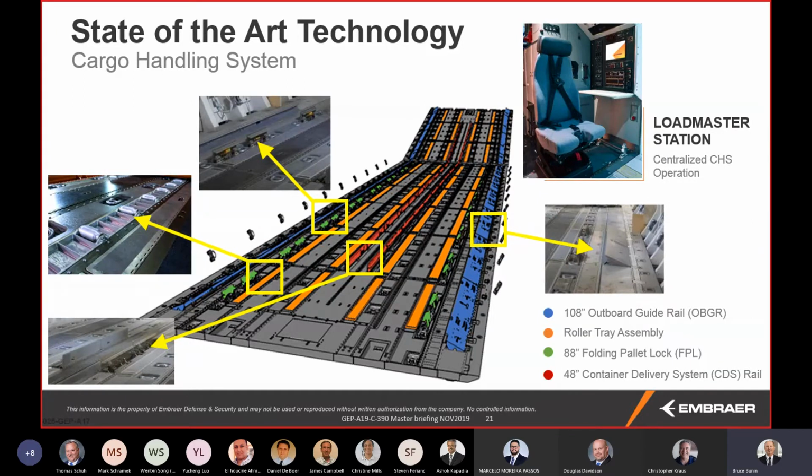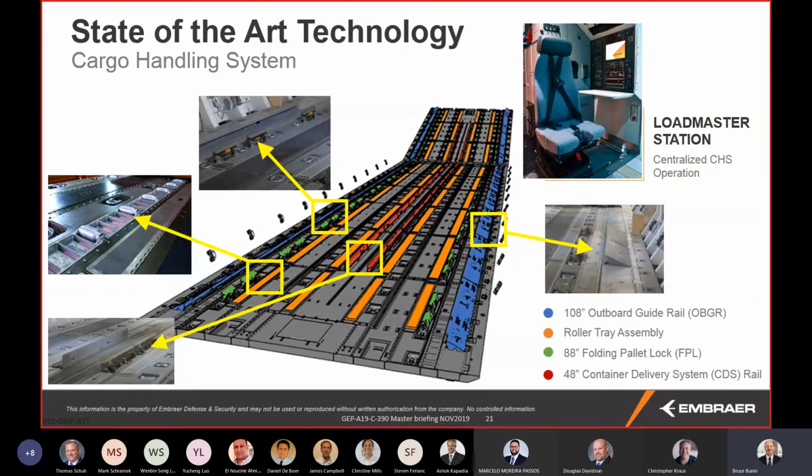Virtually every airdrop mission, there is parachute extraction, gravity drop, you name it, just by using that control station. Also, the orange symbols in the drawing are the roller trays, which you can see in the picture in the middle left. Those things basically can be lifted up, released from the floor, flipped over, and put back into place.